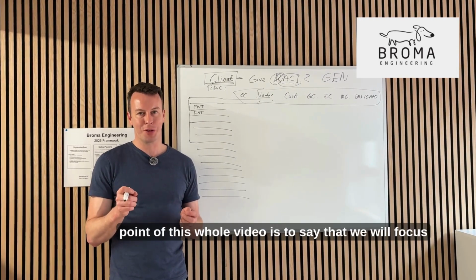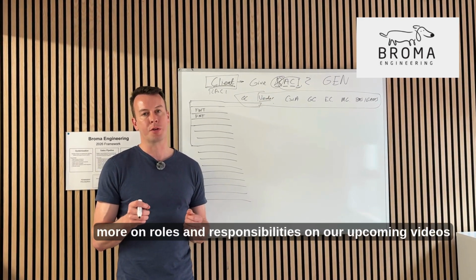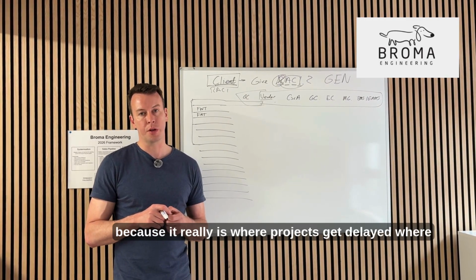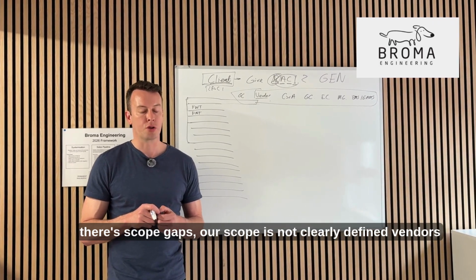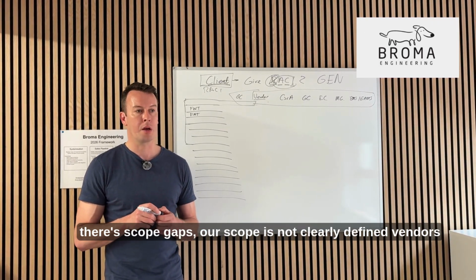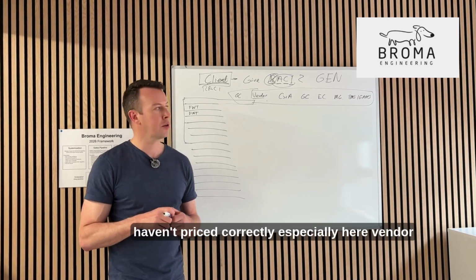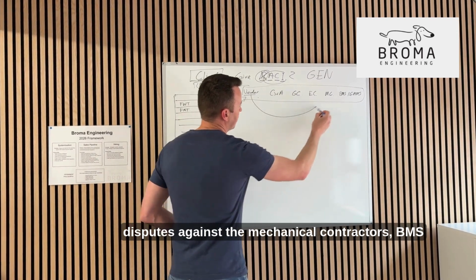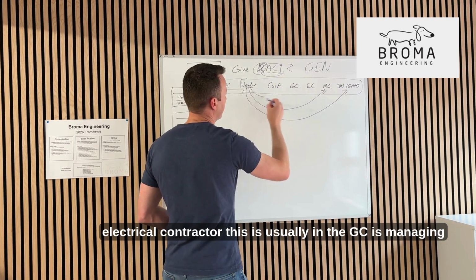But the point of this whole video is to say that we will focus more on roles and responsibilities in our upcoming videos, because it really is where projects get delayed, where there are scope gaps, or scope is not clearly defined, vendors haven't priced correctly, contractors haven't priced correctly, especially here. Vendor disputes against the mechanical contractor, BMS, electrical contractor.